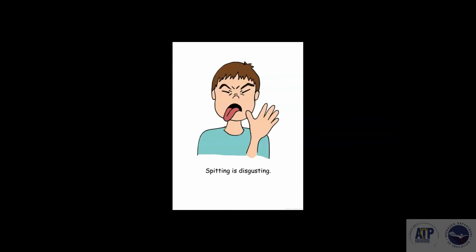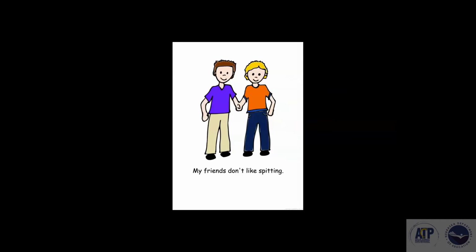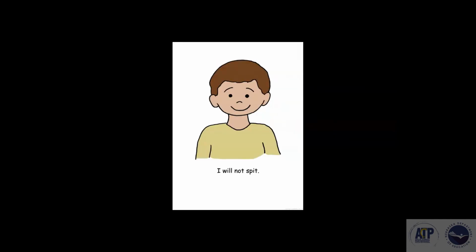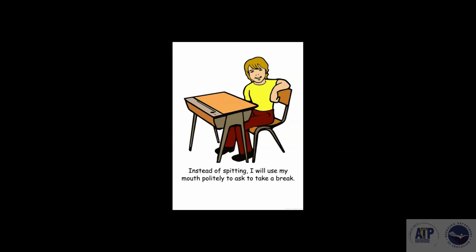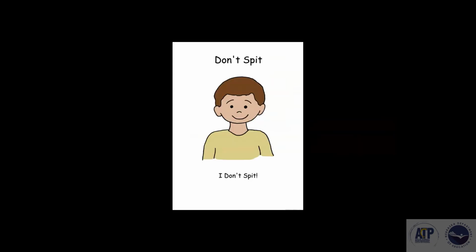We talked about the consequences of spitting and his determination to not spit, and then to come up with another alternative, such as using his mouth politely to take a break. The story was read repeatedly.